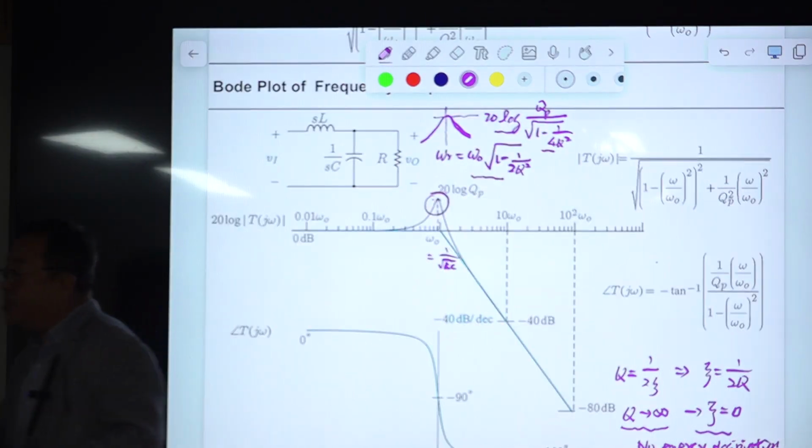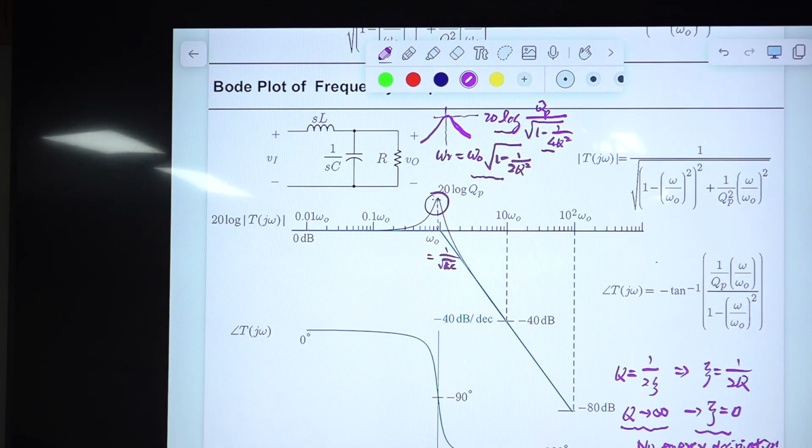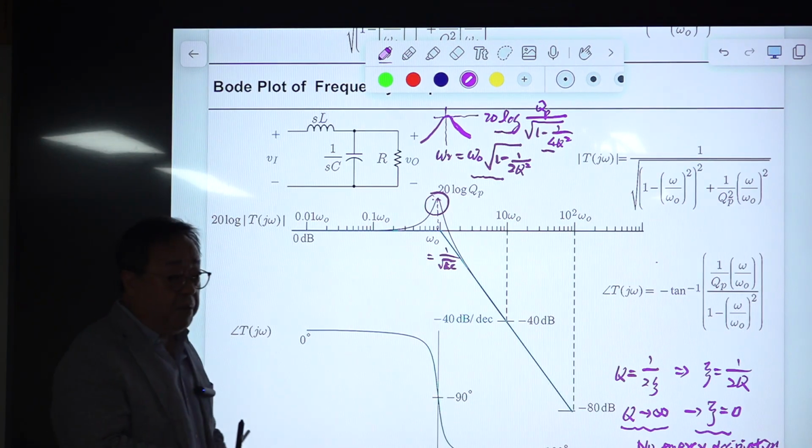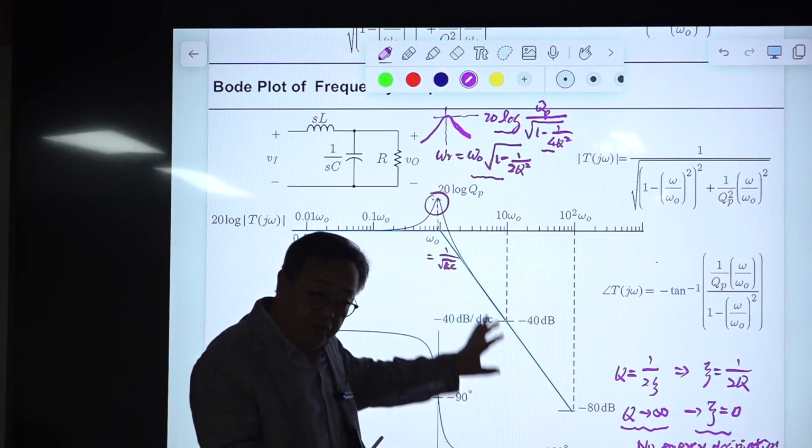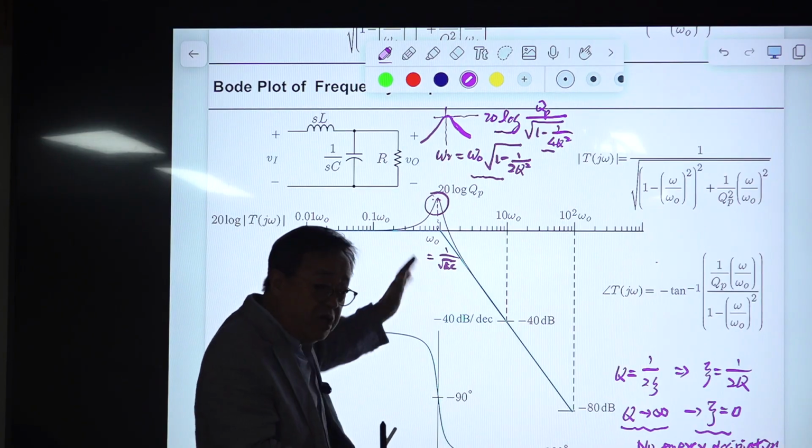It is called resonance. This phenomenon is called resonance, but we want to avoid it for this case. Very large Q is hurting us.